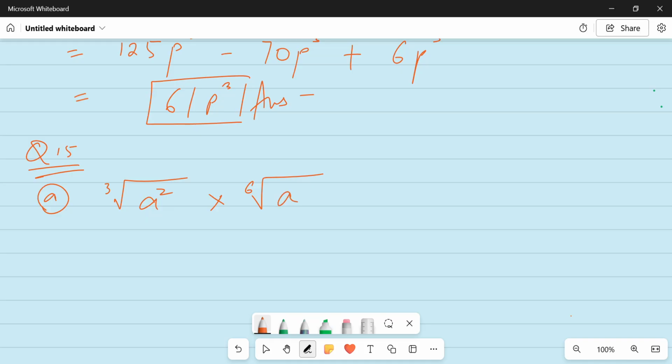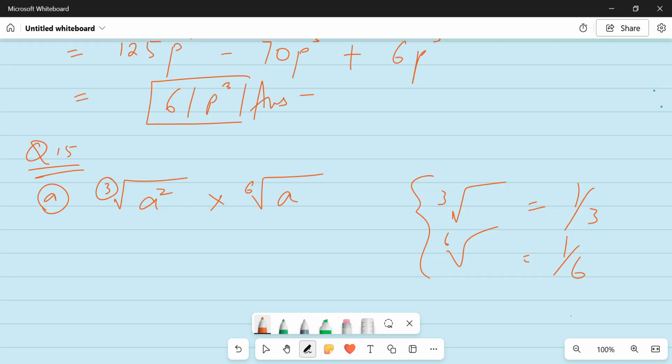Now, as we know, whenever we have a cube root or a square root, the radical value depends upon what value is given. Right now, the cube root value is equal to 1 over 3, and the sixth root gives you the value 1 over 6.